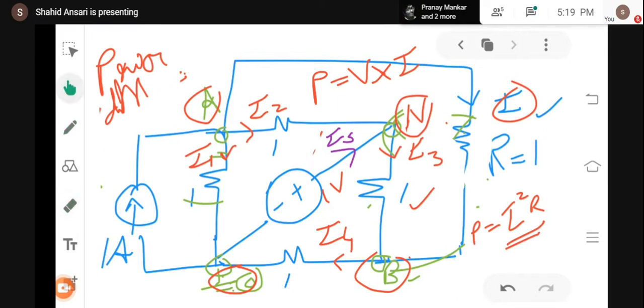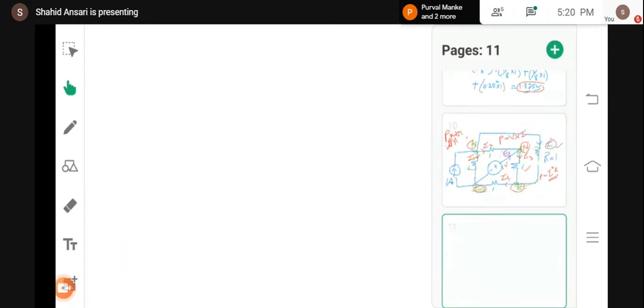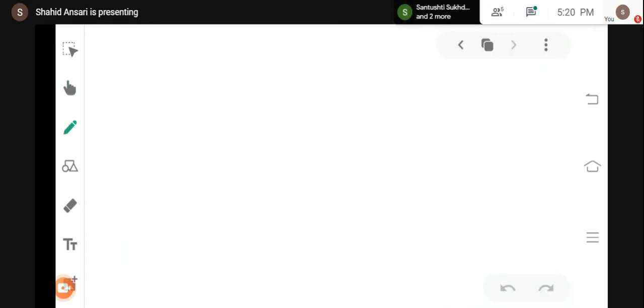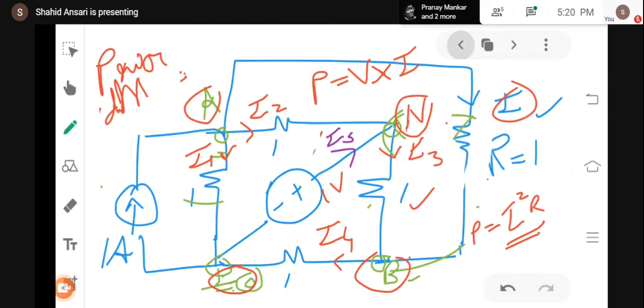Can I apply KCL at this particular point? Apply KCL at 1 volt. This is the 1 volt potential. At this point, the summation of incoming current: incoming current is I2 as well as IS, right?